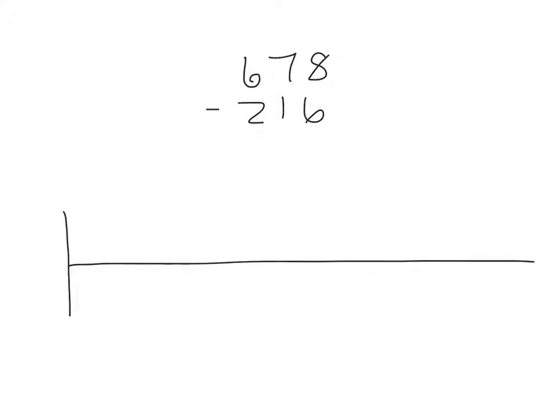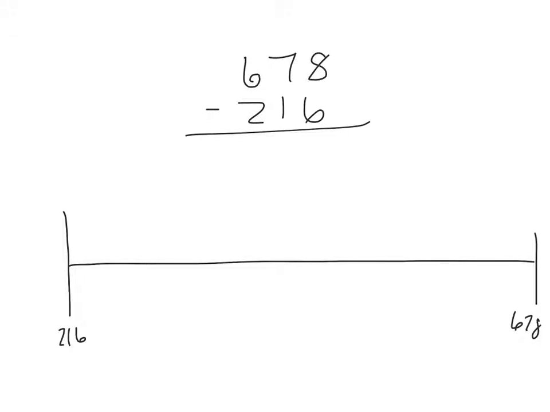One more example of that. Say I've got 678 minus 216. Create my open number line. Now 216 is pretty far off from 678, but I can get my ones place, 6 and 8. So I'm going to write my 216 down here, 678 here, and I'm going to leave that middle part open because this is an open number line.